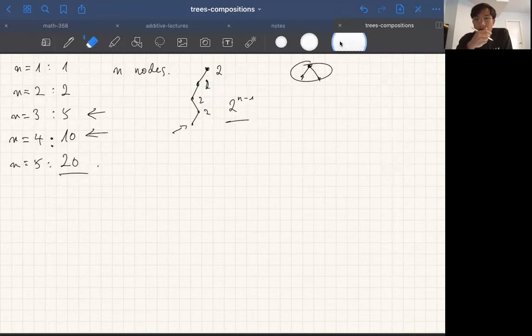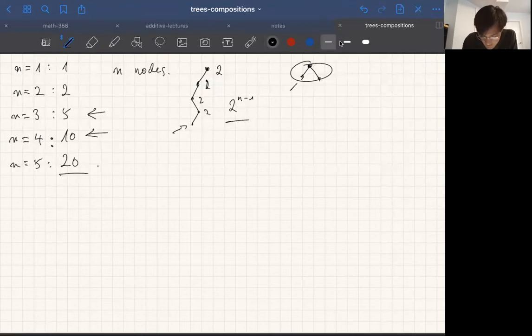That's not actually true, because if, say, I want to add a new edge here, I can do it here, I can do it here, I can do it here, or here. So it would actually be 4 to the n minus 3, I believe. 4 to the n minus 3.